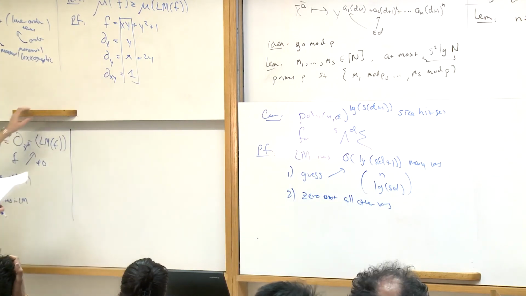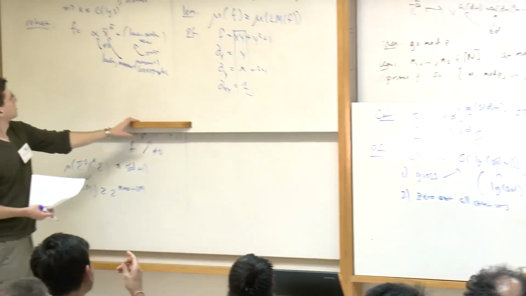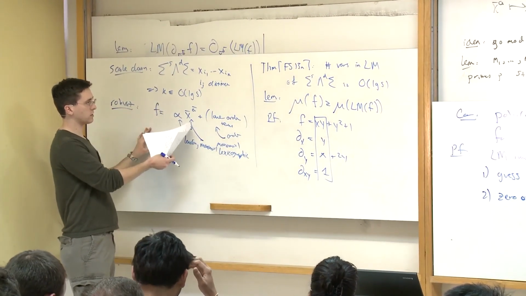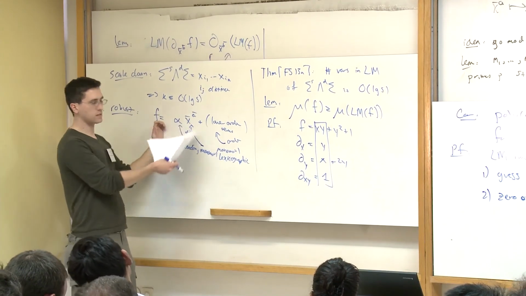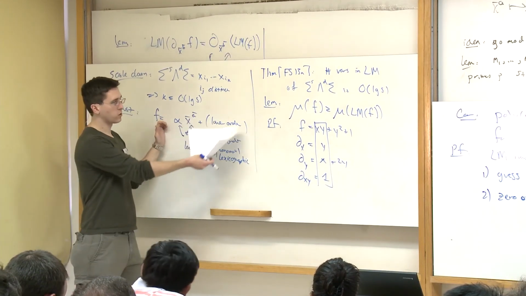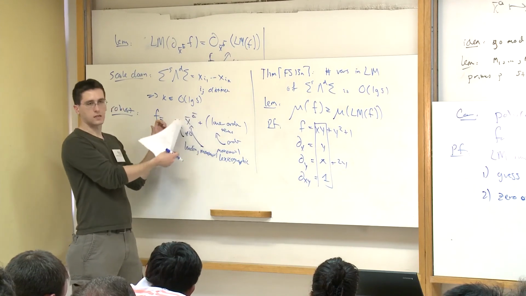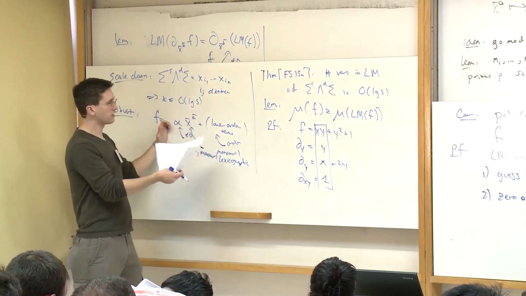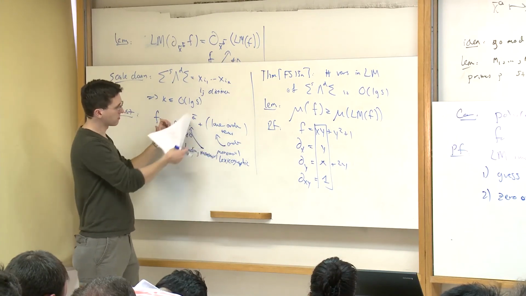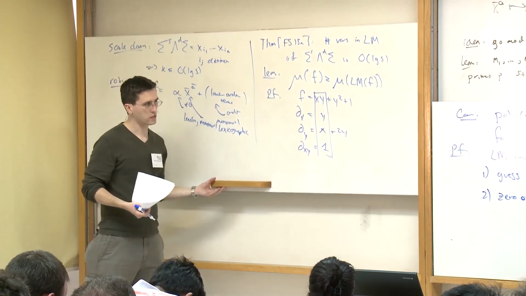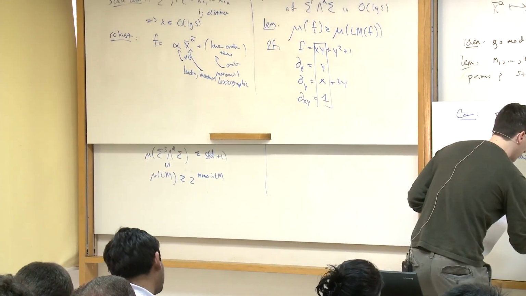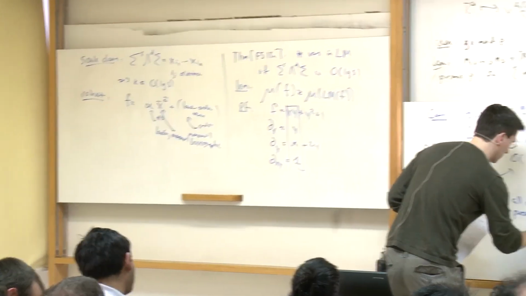And this is pretty clear because if I have f plus the leading monomial, if I zero out things not in the leading monomial, I might kill off lower order terms, but this thing is not going to be touched. And there's not going to be any collisions. So by zeroing things outside of this monomial, I haven't induced any collisions, so this will preserve non-zero-ness.